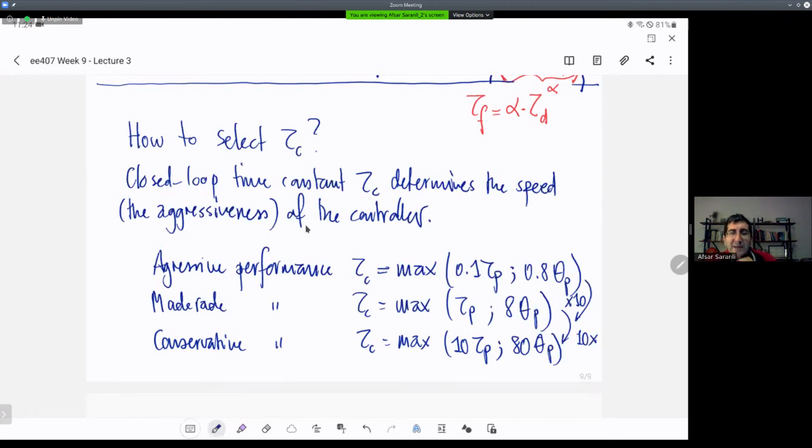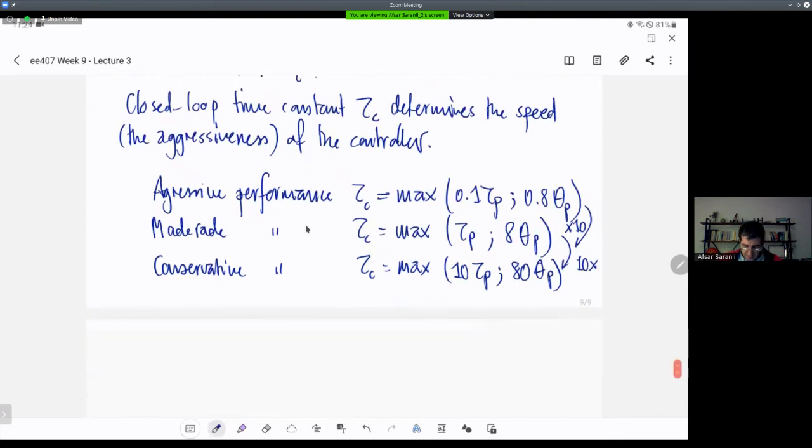So you may even want to slow down the system with the controller to make it more stable. So conservative performance is where you slow down the system with 10 times the time constant, so that you have an even more stable system.